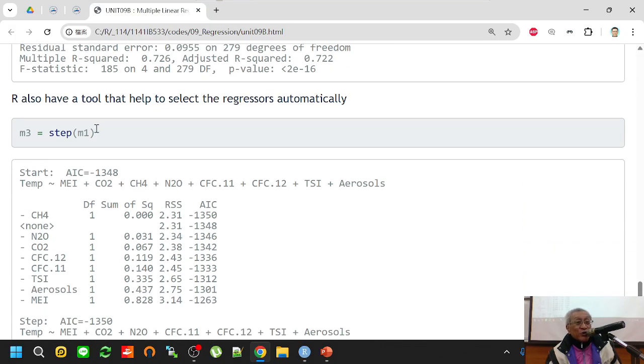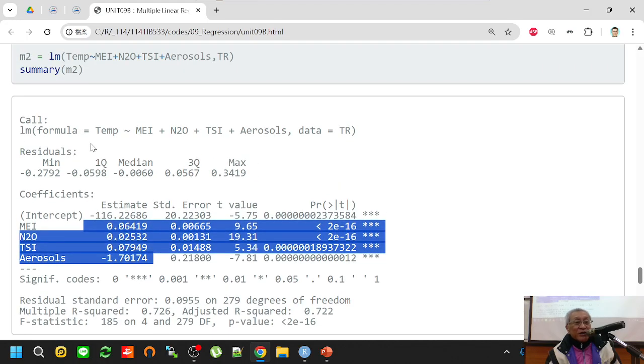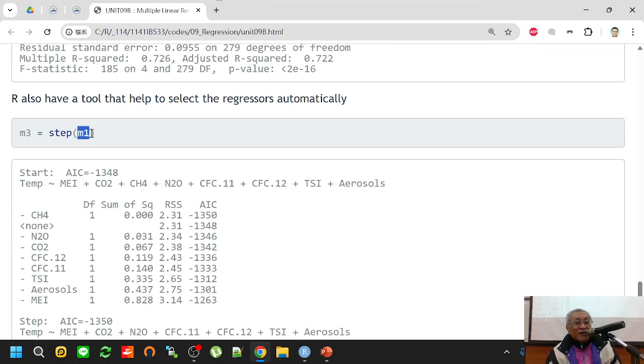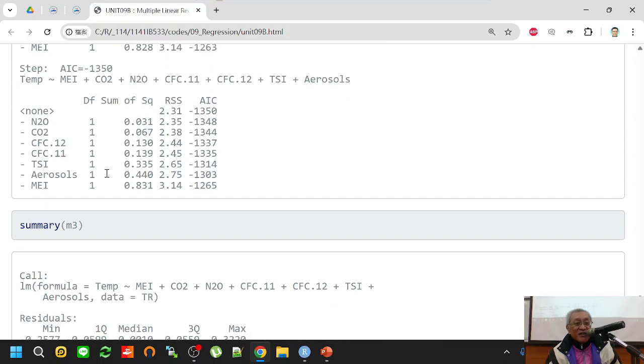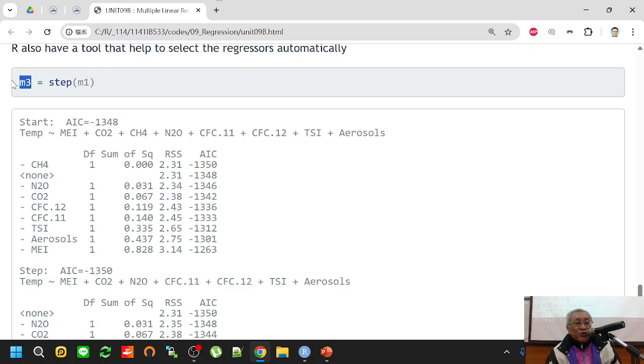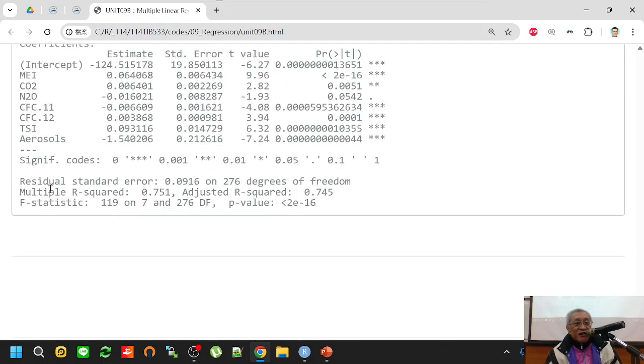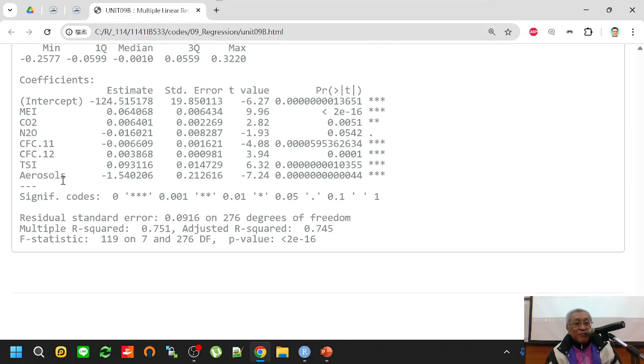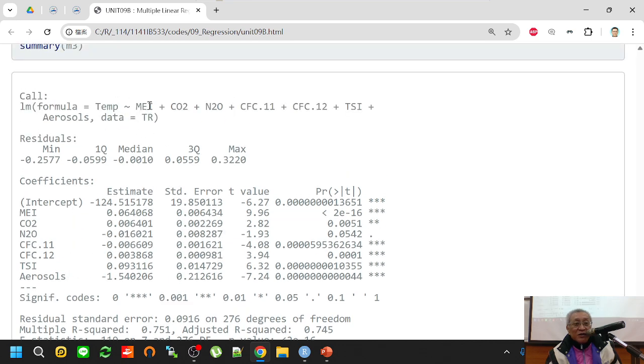And the second way to do it is you simply take this M1, right, which is the full coefficient model, and then call the built-in step function, and R will select a new model for you. As you can see, if you call the step, it goes 1, 2, 3, 4, 5, 6, 7. You would only remove one variable out of the model, right? Okay.